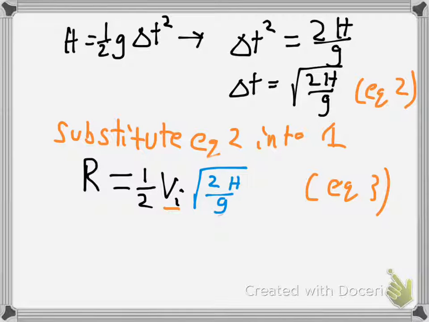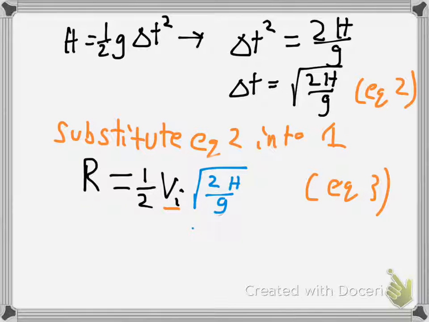So by looking at h is equal to 1/2 g t squared, we could substitute for time to be equal to the square root of 2h over g. I'm going to call that equation 2. And you can see here in the blue that I substitute equation 2, so our time substitution, into here. So now we have range as 1/2 vi times the square root of 2h over g.